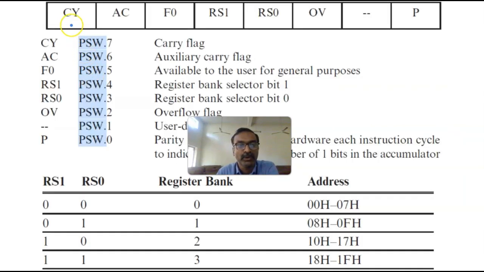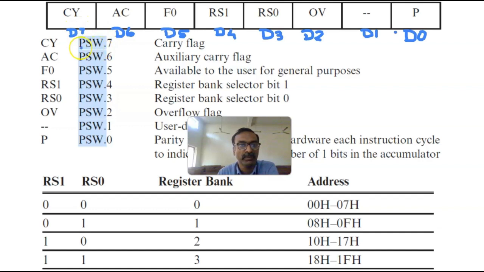Now, what is this program status word? As we saw now, it has 8 bits. This is D7, D6, D5, D4, D3, D2, D1 and D0. Now, each bit has an importance.